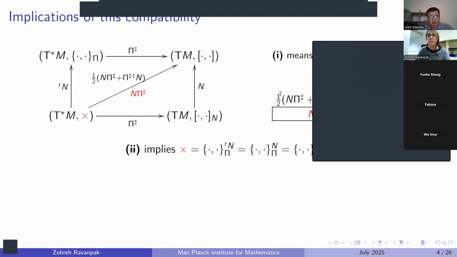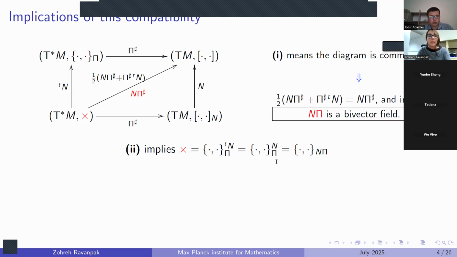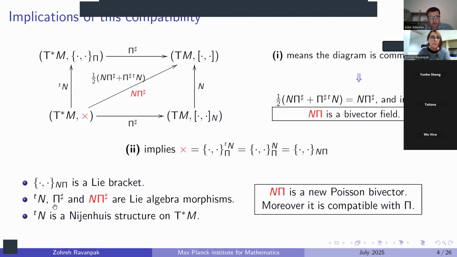So the dualization of deformation is equal to the deformation of the dualization. Moreover, we have this implication of the compatibility: the bracket defined by the new bivector is a Lie bracket.